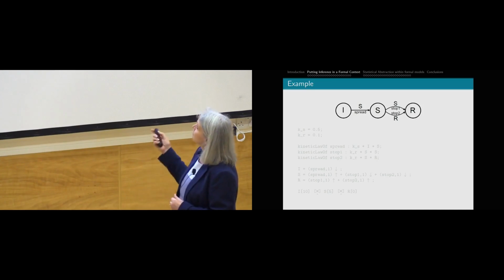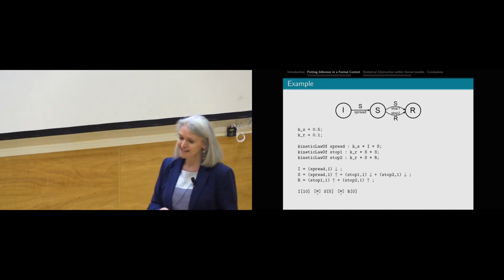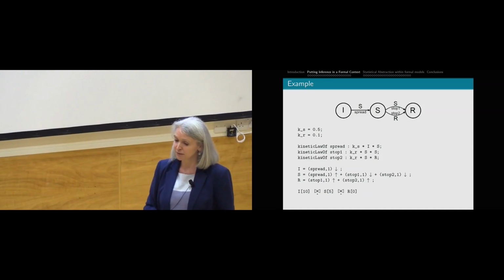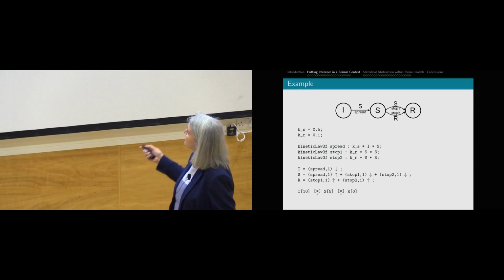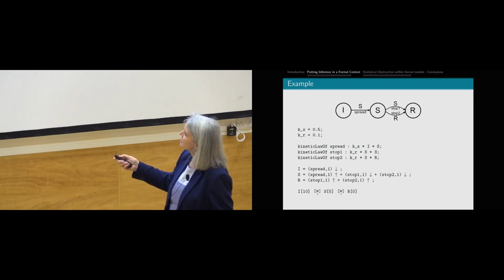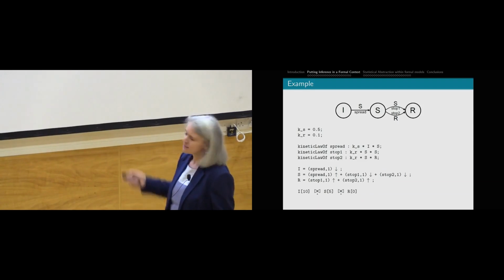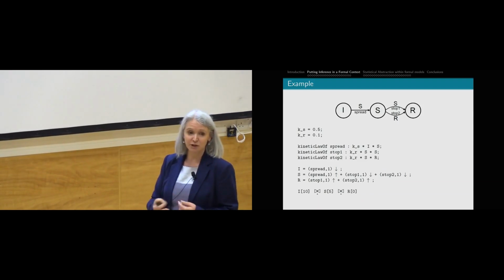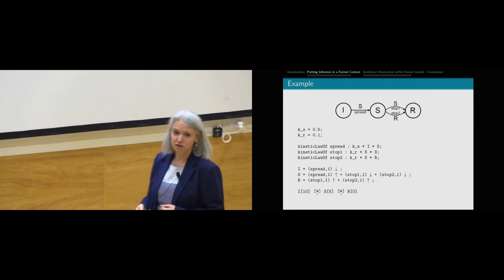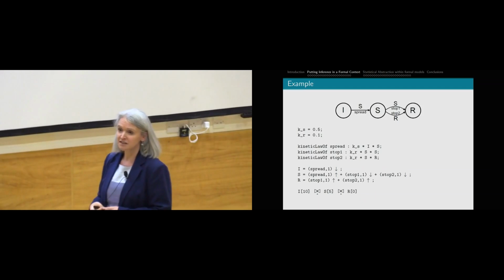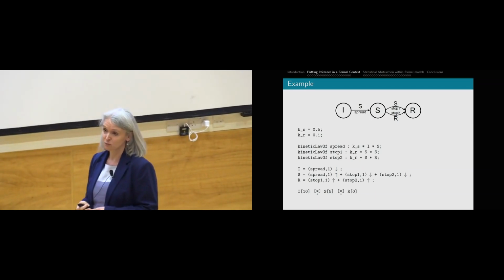So let's look at our example again. So this was how we represented it before, and this is how we represent it as BioPepper. So we should concentrate first on this, because this is the BioPepper description. So it's saying, if I have an innocent, the only action they can take is to be involved in a spread. That will decrease their number by 1. So whenever an innocent hears the gossip, they're no longer innocent anymore.